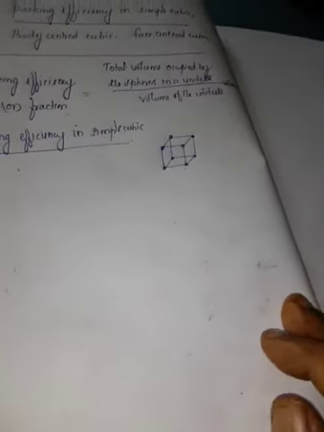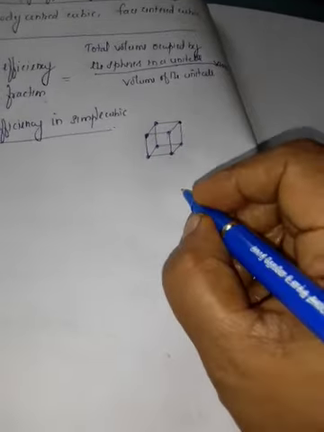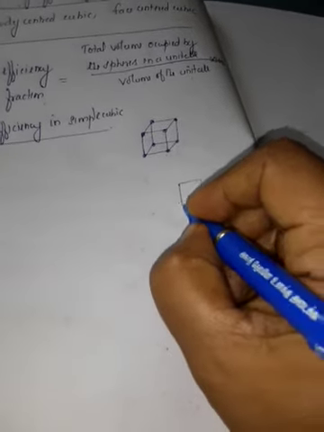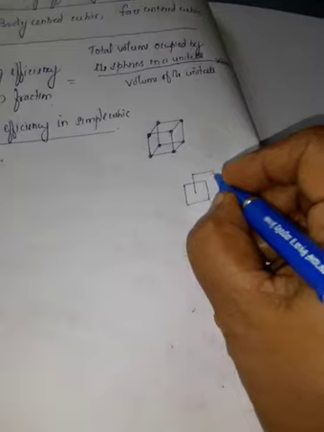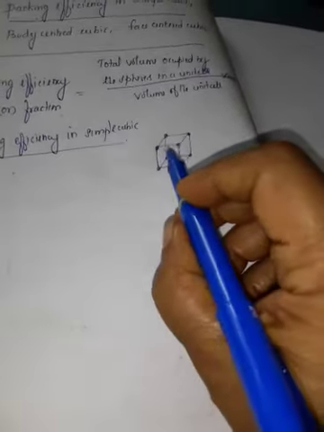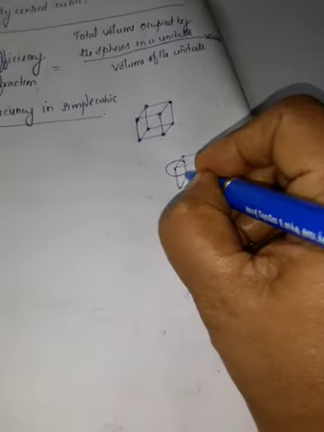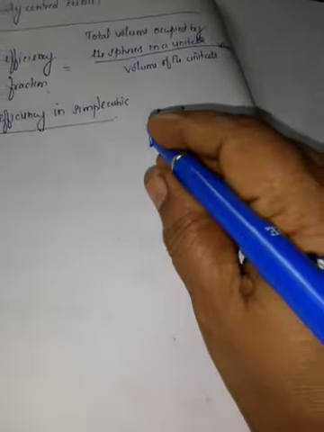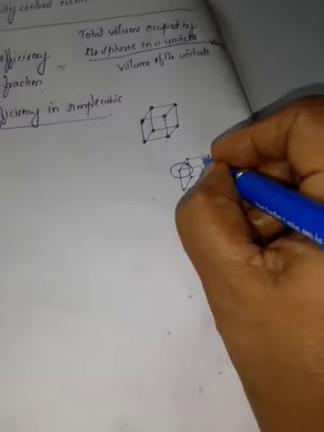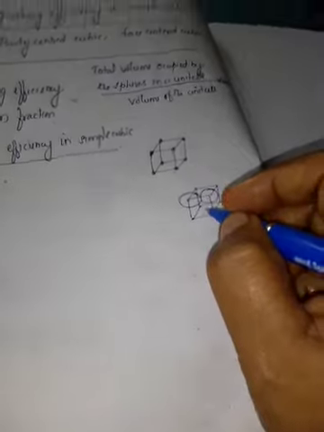So how will you find the packing efficiency? Consider the cube like this. These 2 atoms. This is the atom here and this is the other atom.